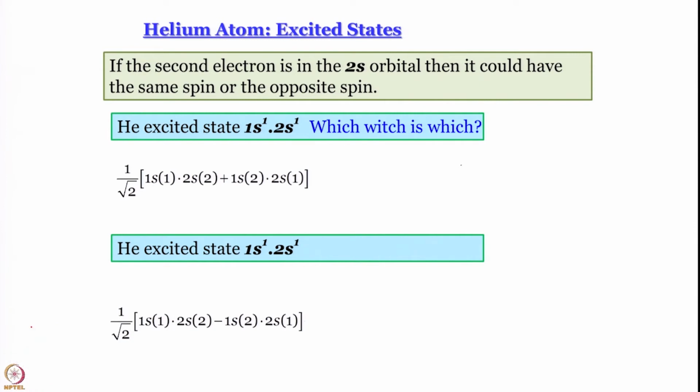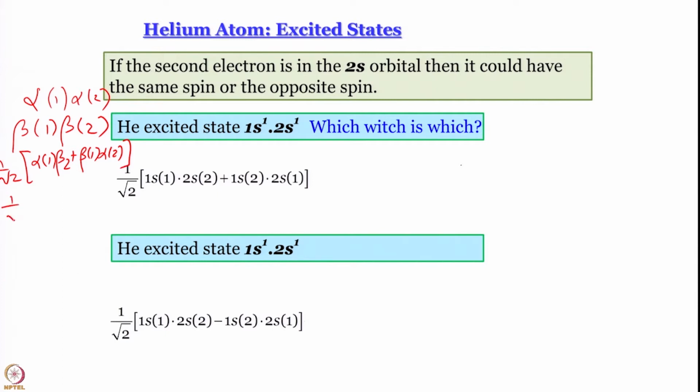Remember we had said you can write alpha(1) alpha(2), or you can write beta(1) beta(2), you can write 1 by root 2 times alpha(1) beta(2) plus beta(1) alpha(2), and you can write 1 by root 2 times alpha(1) beta(2) minus beta(1) alpha(2). Great.